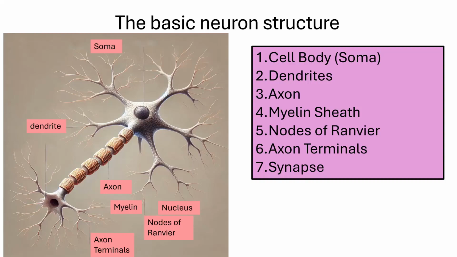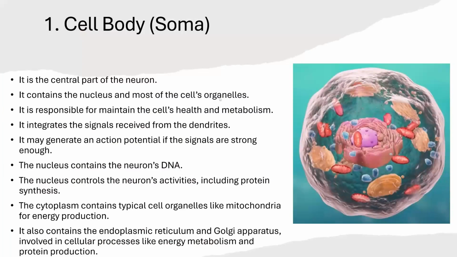Finally, we have the axon terminals, which are the end points, and there are some tiny prolongations which are the synapses. Okay, this is the basic neuron structure.